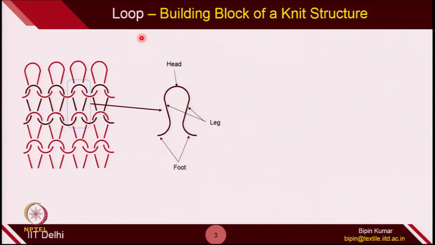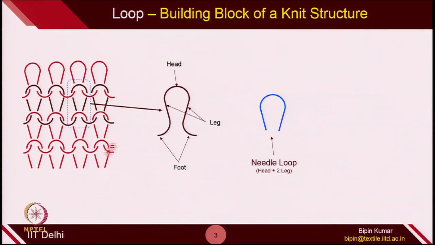Apart from that, we also have one definition called needle loop. The name of this particular loop has come from one of the structural elements used in the machine, and that element is called the needle.